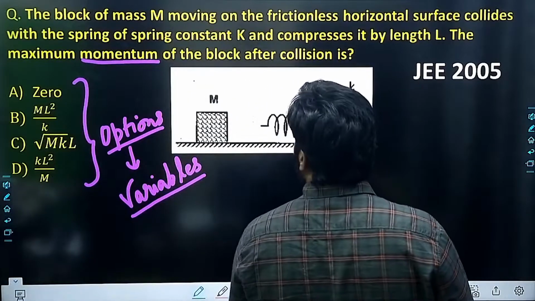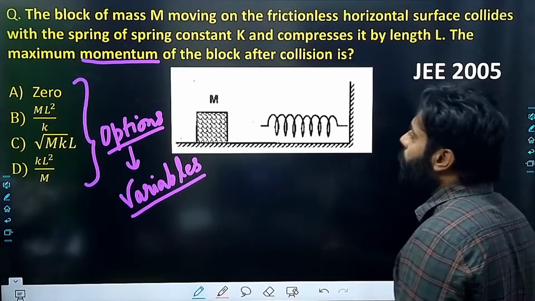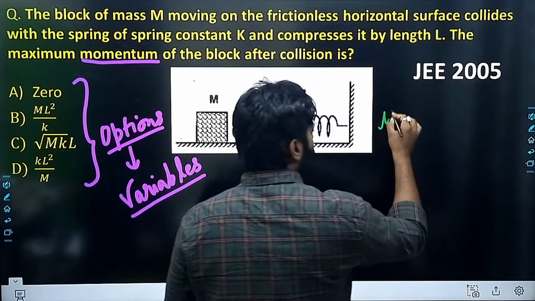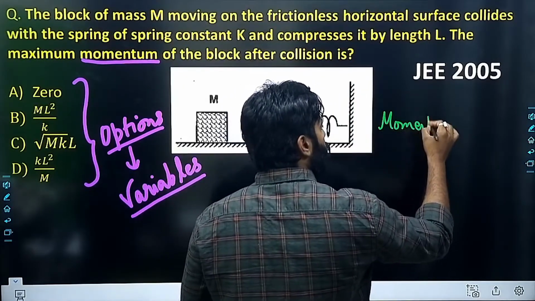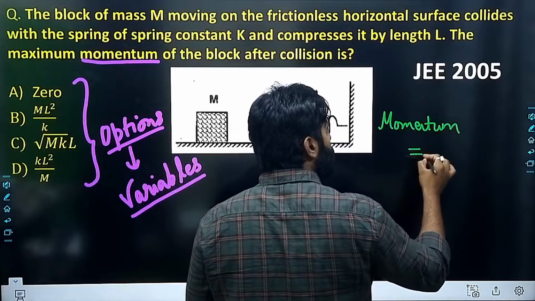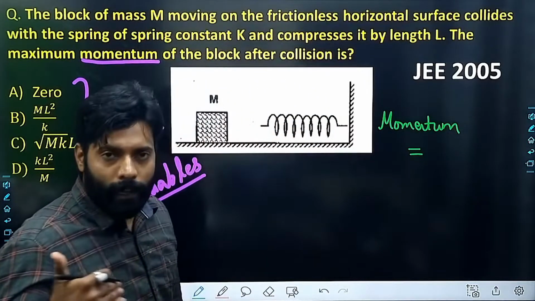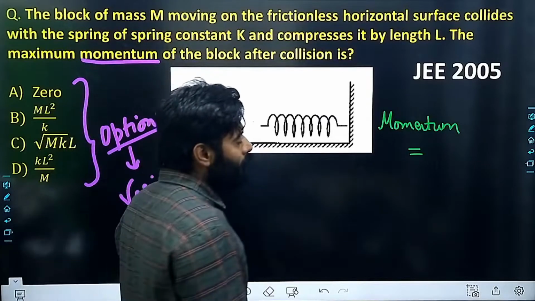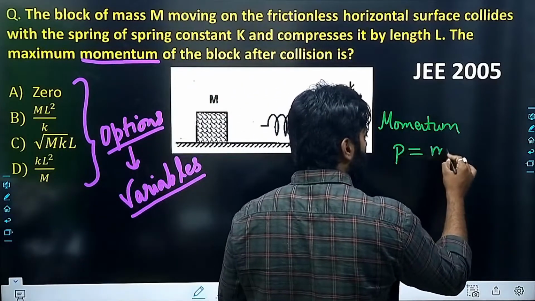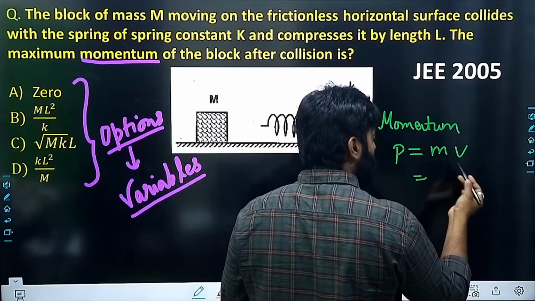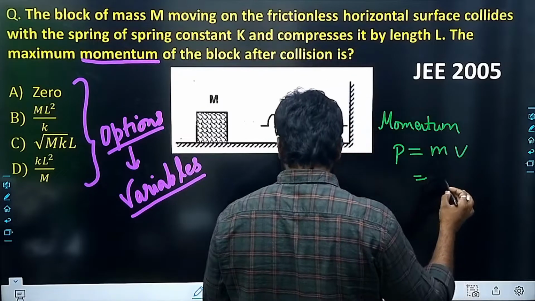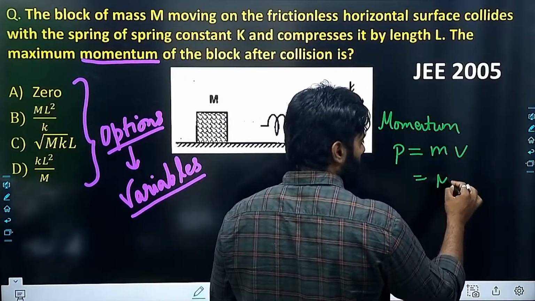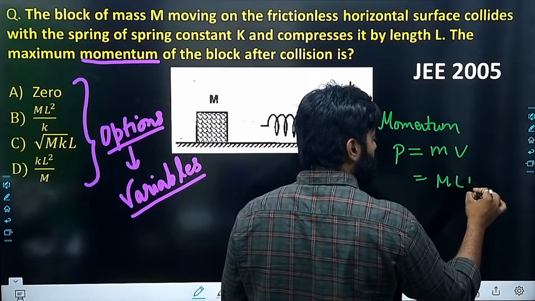They are asking about the maximum momentum, meaning we have to find out the momentum, so the answer must possess the dimension of momentum, right? Momentum is nothing but a product of mass and velocity, and we know that the mass dimension is M and the velocity dimension is LT^-1.